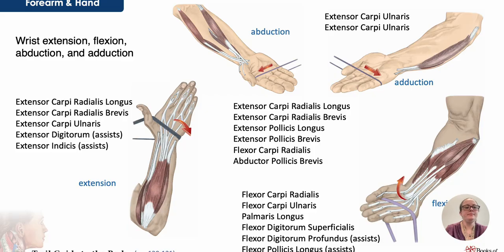Okay. Your wrist. Your wrist does some funky things. Your wrist extends. So here's flexion of the wrist, extension of the wrist, or we can hyperextend. So flexion, remember everything flexes forward. And if you're in anatomical position, remember abduction brings it away.